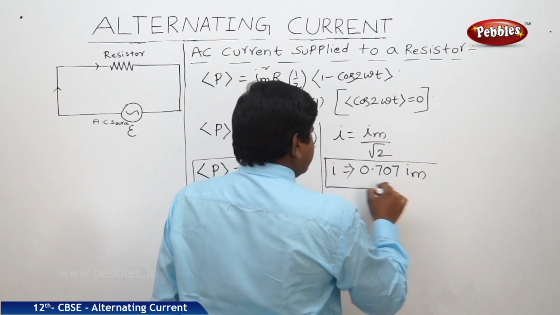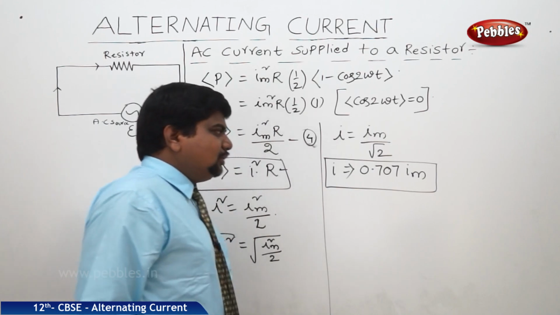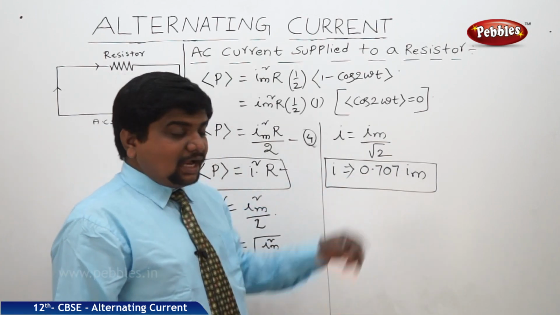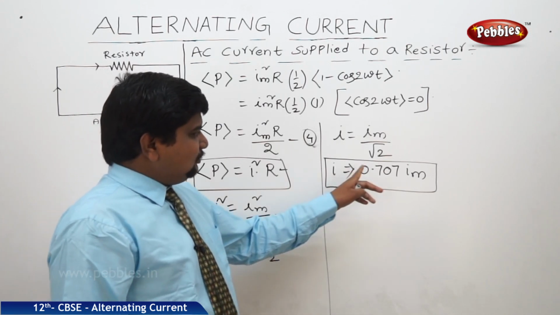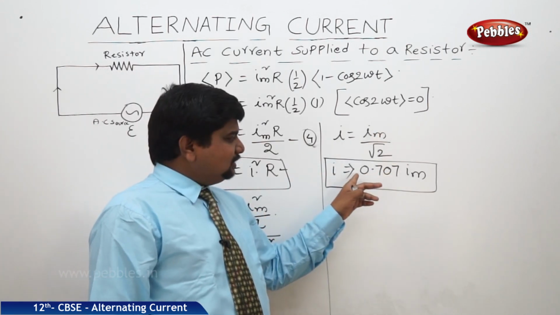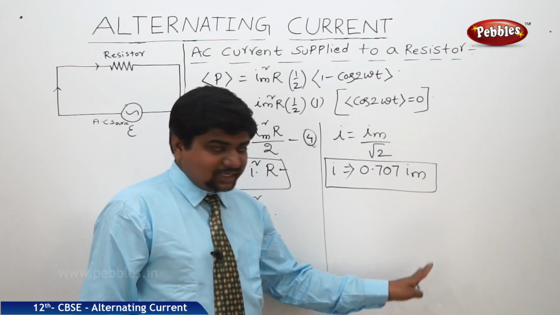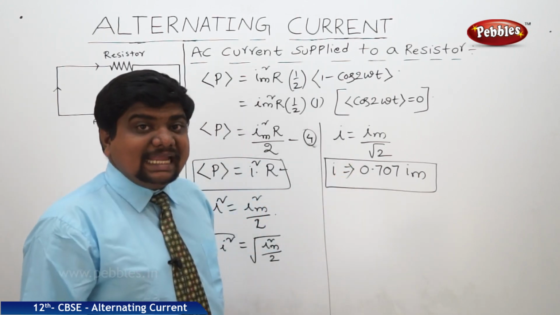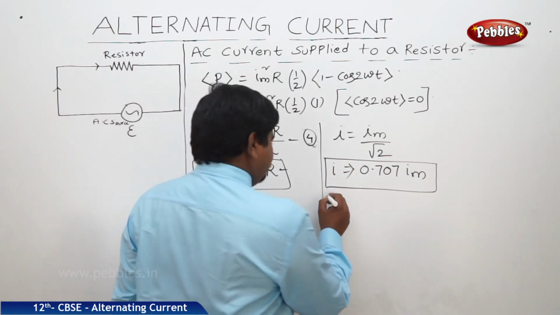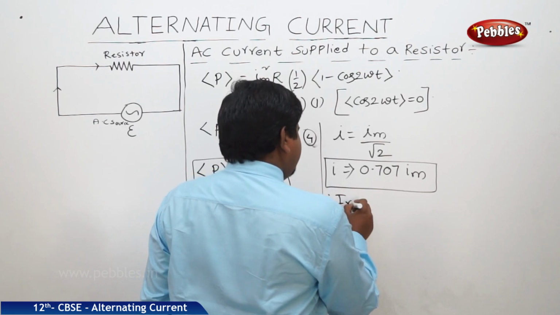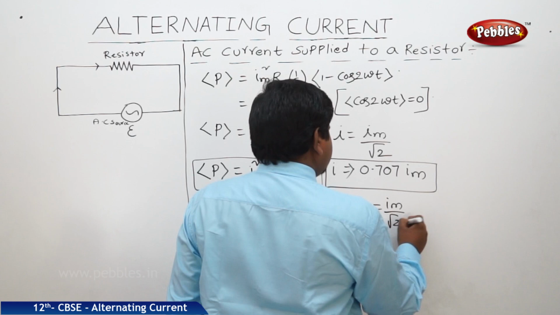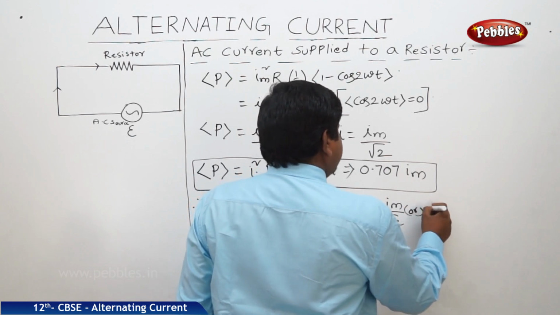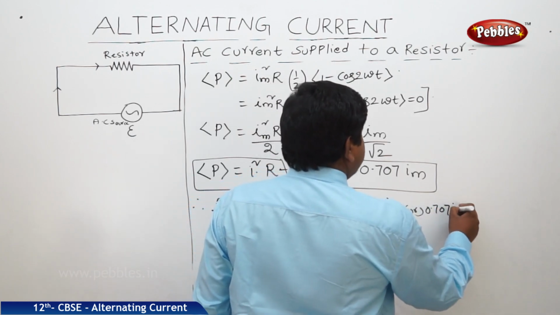Therefore, I is equal to 0.707 Im, where Im is the maximum current. I is equal to Im by root 2, or nothing but 0.707 into the maximum current. That's why this is called IRMS. Therefore, IRMS is equal to Im by root 2 or 0.707 Im.